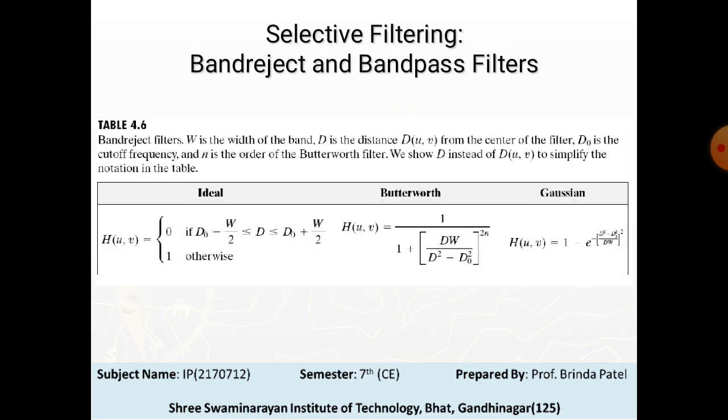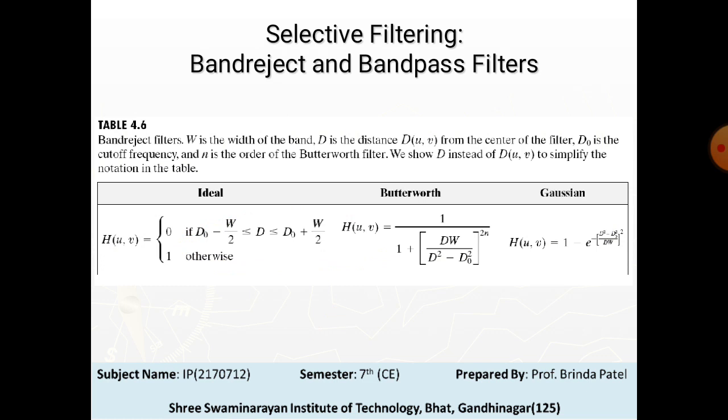So now selective filtering, in that band reject and band pass filters. This type of filters are easily constructed using the concepts from the previous sections. So here the table shows the expressions for ideal, Butterworth and Gaussian band reject filters, where D(u,v) is the distance from the center of the frequency rectangle, and D0 is the radial center of the band, and W is the width of the band.